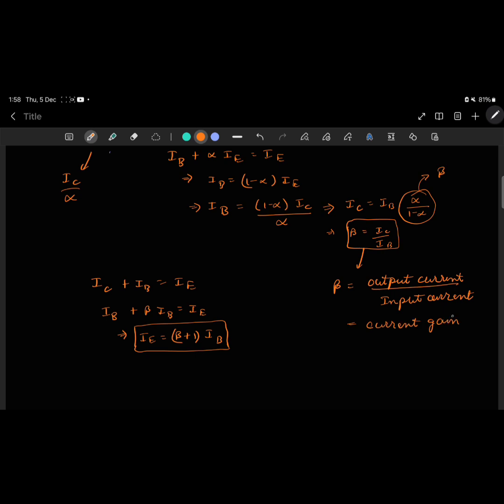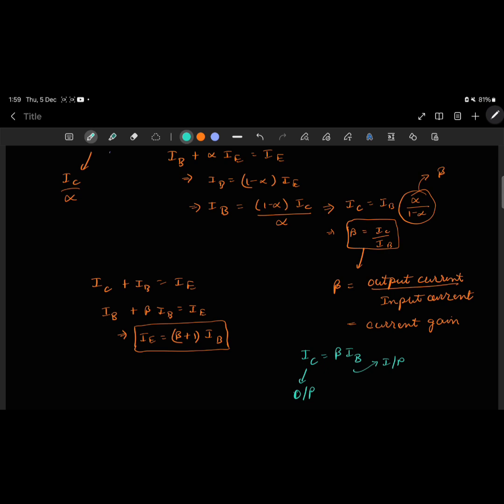We can say that basically the input current IB is getting amplified by a factor of beta and it's getting converted into the higher degree of current, which is IC. Since IC is equal to beta IB, we can say that by controlling the input current, we can control the output current.